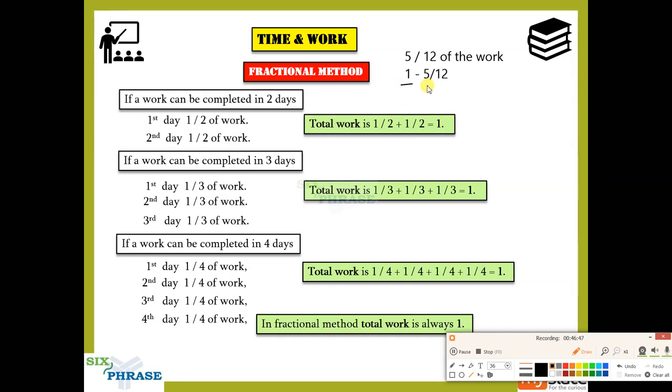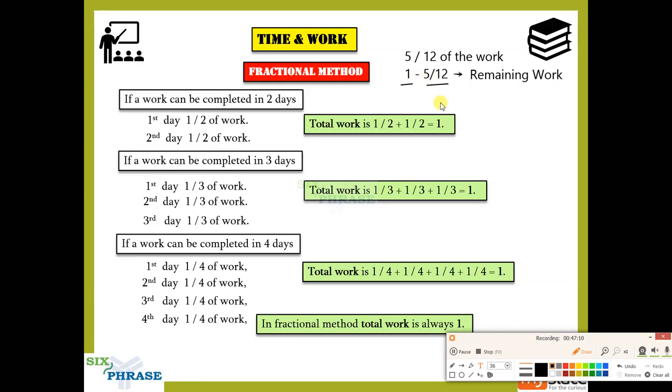Total work minus the work that is completed will give me the remaining work. Only if I know the remaining work, I will be able to proceed. So I'll find it using this method, 1 minus 5 by 12, which is 7 by 12.